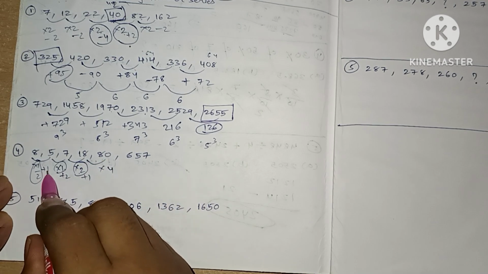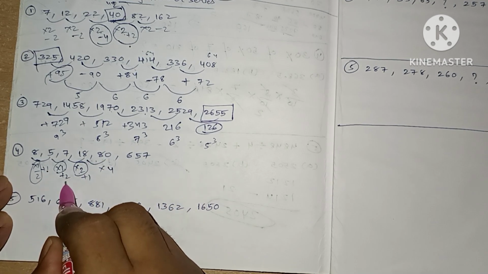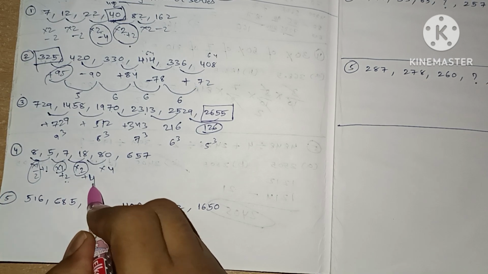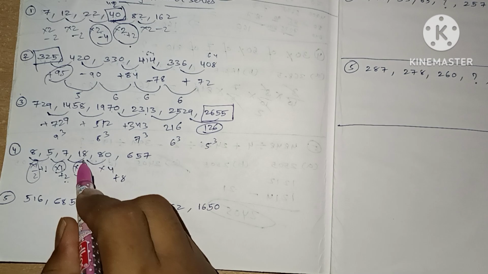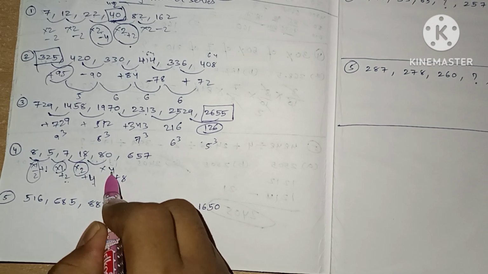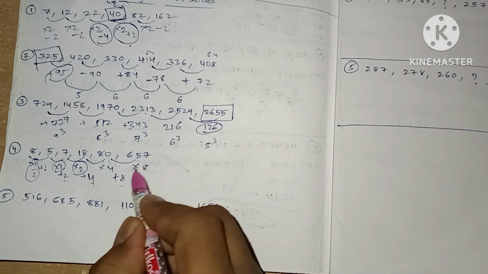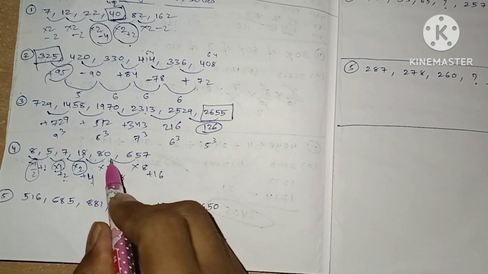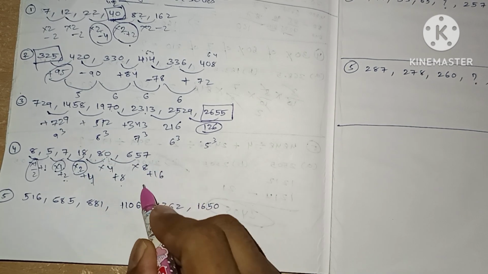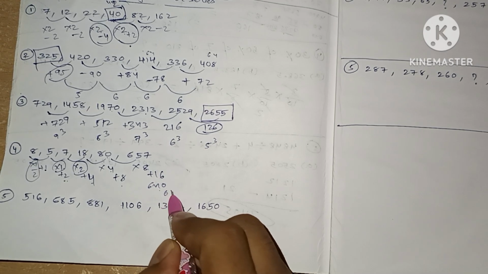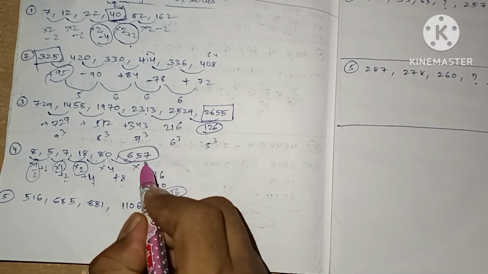Here first we add 1, into 2 times 2, here we add 4, so it must be plus 8. 18 times 4 is 72, 72 plus 8 will be 80, so the next one must be into 8 plus 16. 80 times 8 will be 640, 640 plus 16 will be 656, not 657, so this is a wrong number.